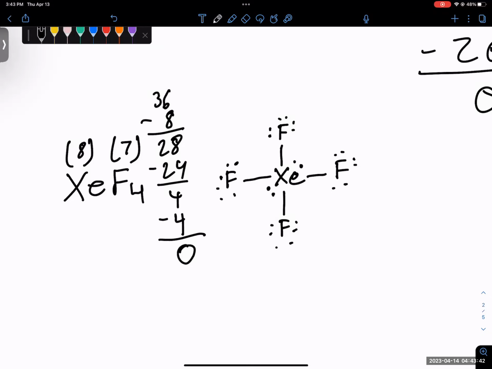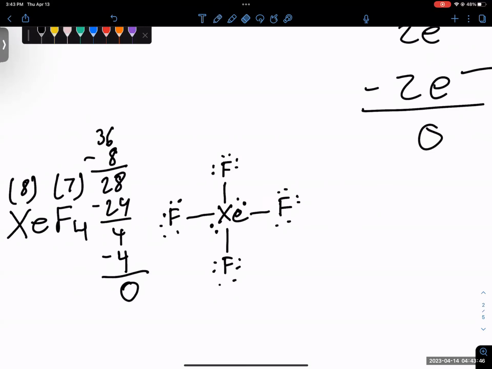And to answer Dylan's question, if there was a double bond on this xenon right here, let's draw that out and see what happens. So there's a double bond. Notice how many electrons fluorine has: 2, 4, 6, 8, 10. Does fluorine have a D subshell? Or better yet, can fluorine have an expanded octet?